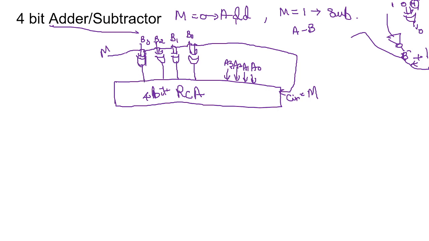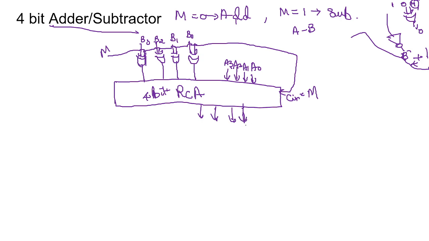Now if M is 0, we will get the same B0, B1, B2, B3. If M is 1, we will get the complement of B0, B1, B2, B3, and M will be the C in. It will be 1, so we will obtain the 2's complement. This output, we will get 4 bits plus 1 C out.